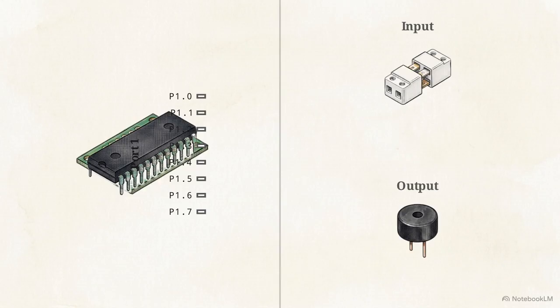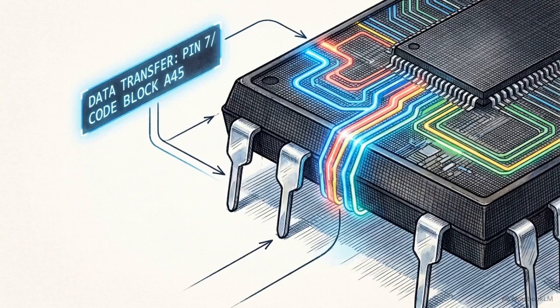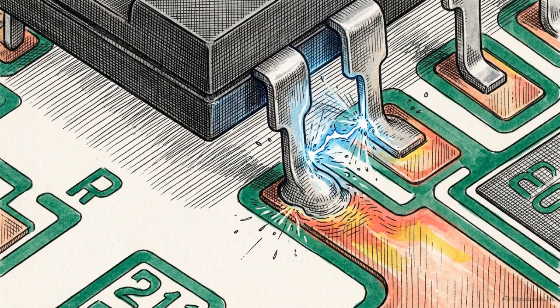To set up the exam problem, we declare sbit door_sensor equals P1^1 and sbit buzzer equals P1^7. Declaring sbit variables is the crucial step. It bridges abstract software names directly to concrete electrical connection points on the chip.